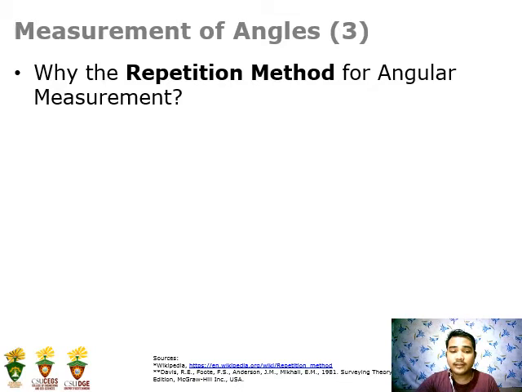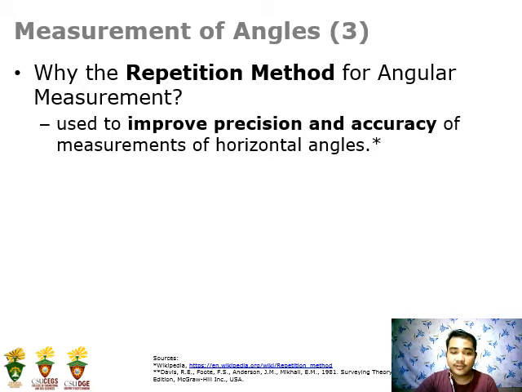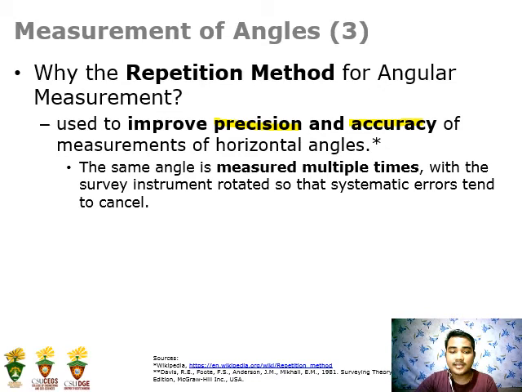Alright, why are we going to use the repetition method for angular measurement? The repetition method is used to improve the precision and accuracy of the measurements of horizontal angles. The same angle is measured multiple times. The concept is that if you measure it six times, measuring multiple times may be more accurate and precise.